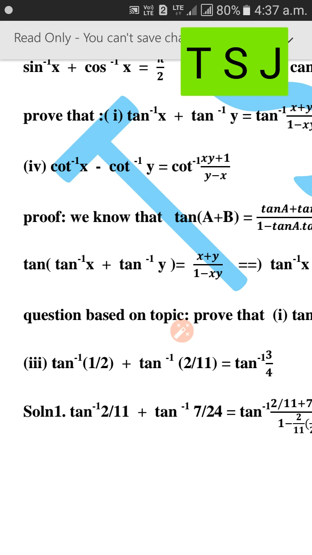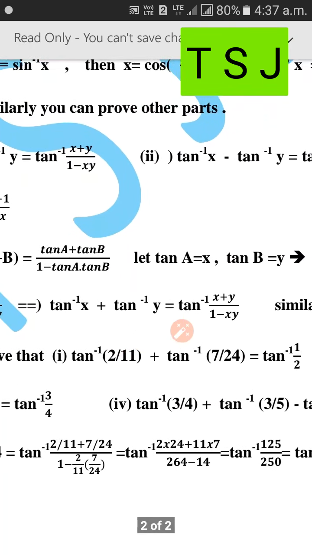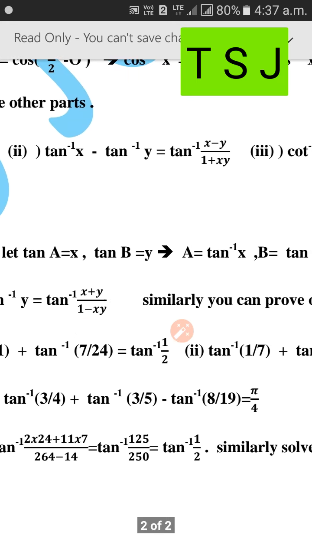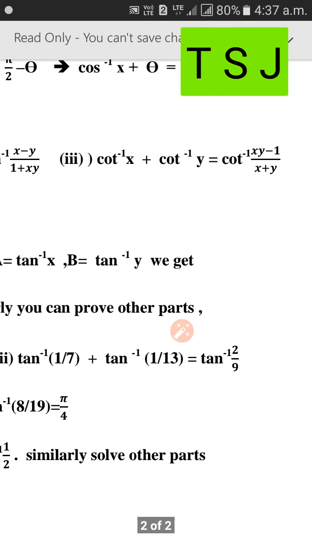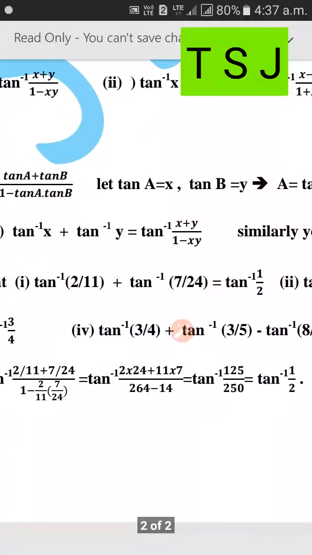Now, here is an example to illustrate this result. We have to prove tan inverse 1 upon 2 plus tan inverse 2 upon 11 equals tan inverse 3 upon 4. Second, tan inverse 2 upon 11 plus tan inverse 7 upon 24 equals tan inverse half. Third, tan inverse 1 upon 7 plus tan inverse 1 upon 13 equals tan inverse 2 upon 9, and the fourth part is also there.